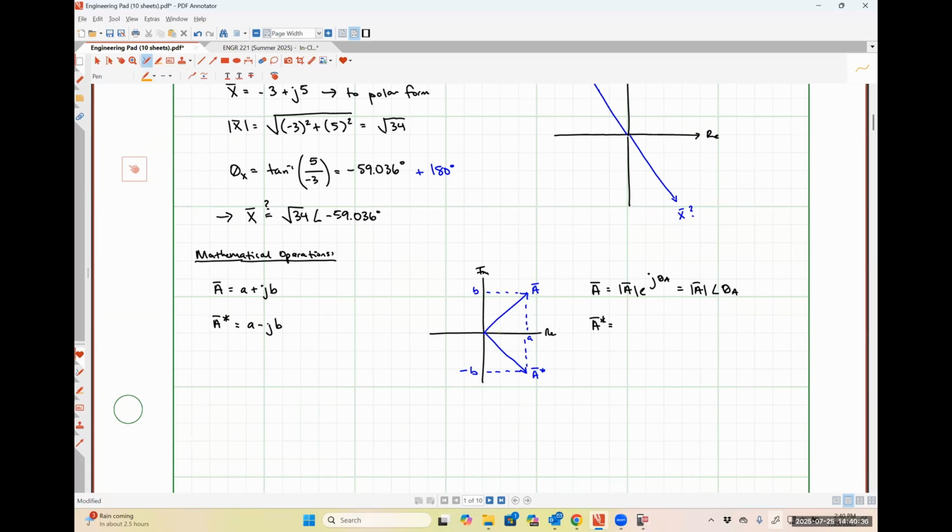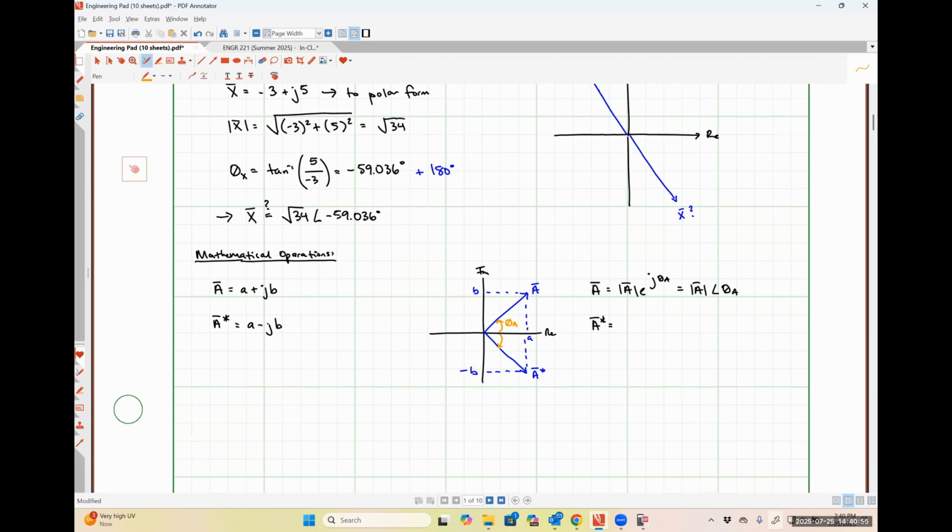So if this angle right here is theta A, what angle is the one below the horizontal axis? Negative theta A. Exactly right.